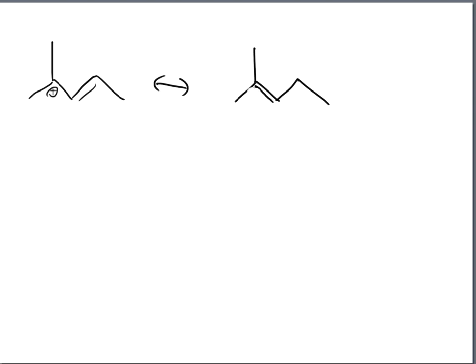But when this carbon decided to take that double bond and flip it to the left, it made that particular carbon lose some electrons. So because it lost some of the electrons, it now becomes a positive charge.